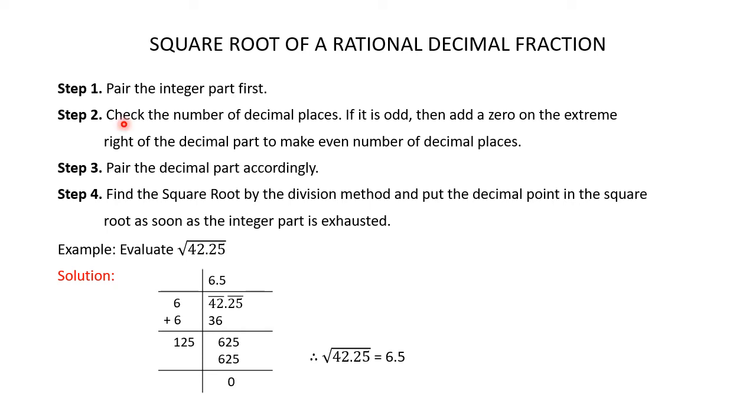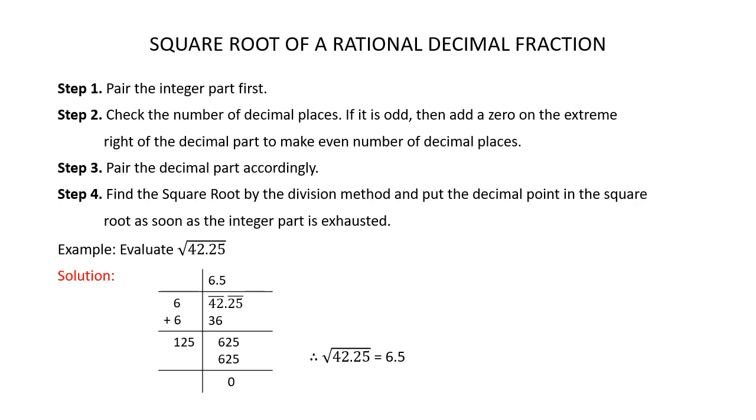So to do that, first you have to check the number of digits after the decimal point. If the number of digits after the decimal point is even, then there is no problem. You can just pair two digits into a group. But if the number of digits after the decimal point is odd, then you have to add a zero on the extreme right of the decimal part to make an even number of decimal places.